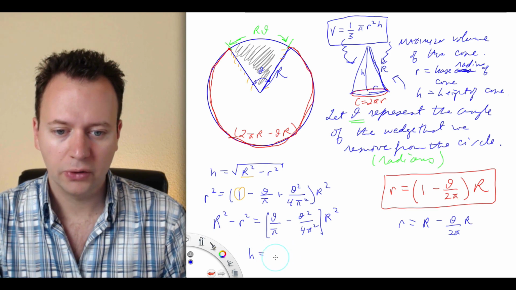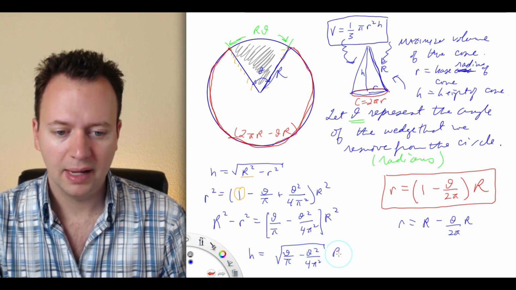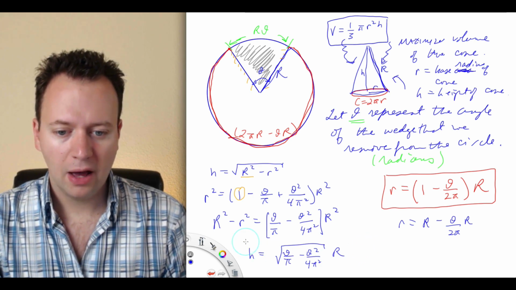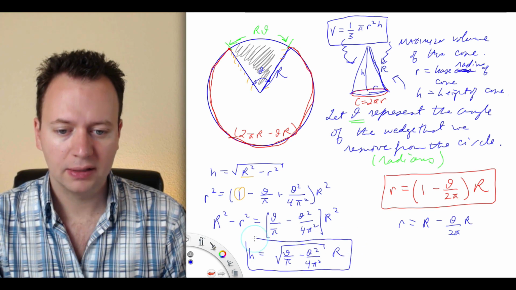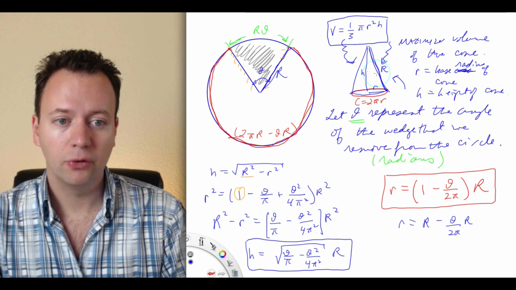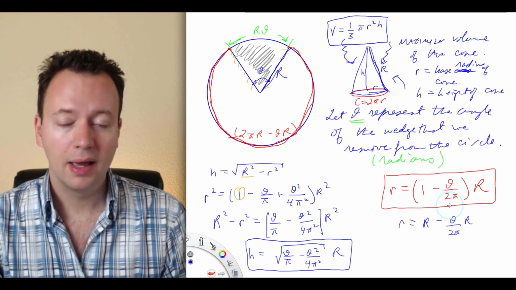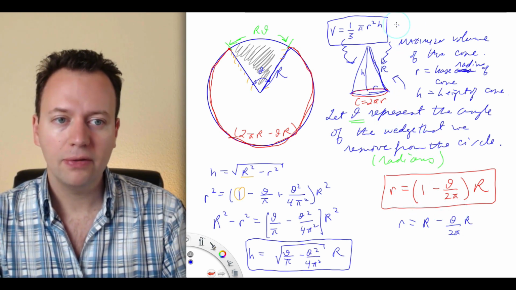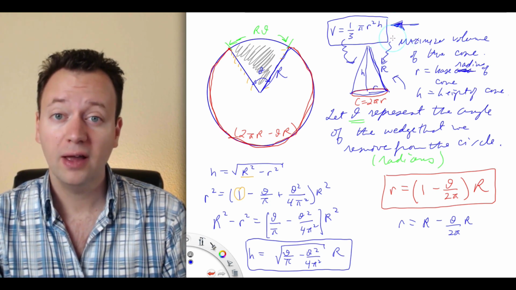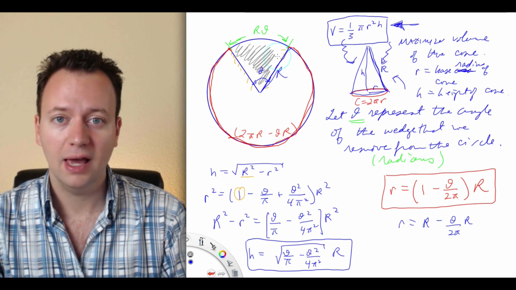So h is equal to the square root of theta over pi minus theta squared over 4 pi squared, times this capital R. Now we have the main ingredients to go about solving this problem. We have the height as a function of theta, and we have the radius of the base of the cone as a function of theta. And we can combine those into the formula for the volume of a cone to find the volume strictly as a function of this angle theta.